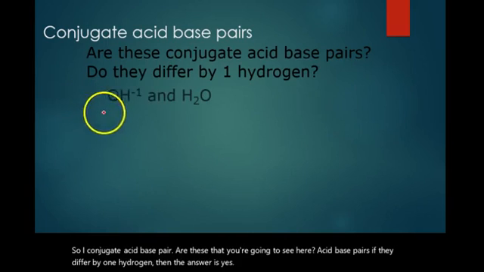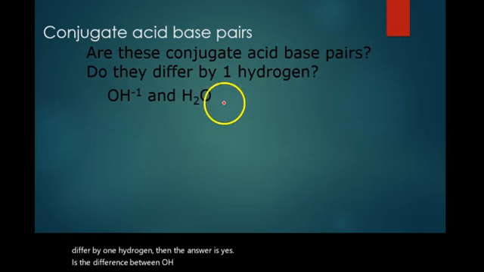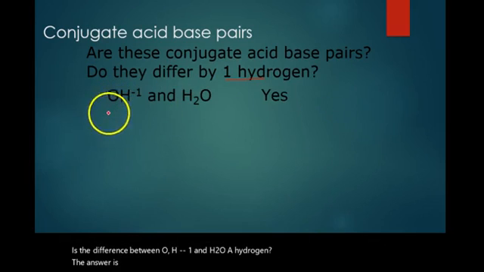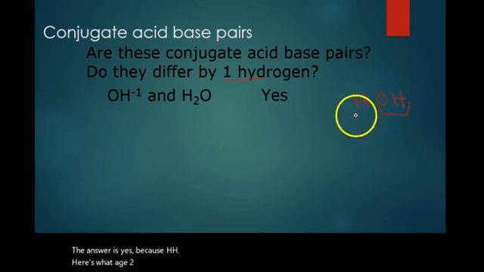Is the difference between OH minus 1 and an H2O a hydrogen? The answer is yes, because HOH is what H2O is. You see, the difference between OH and HOH is one hydrogen.